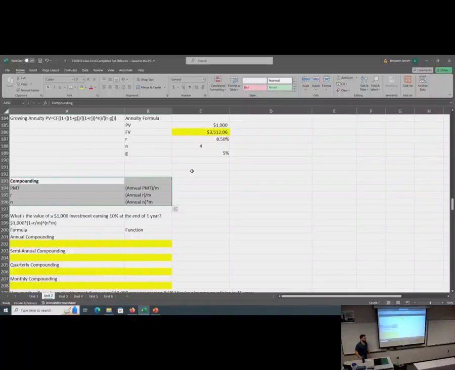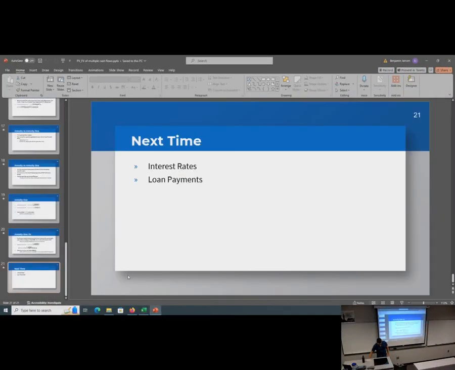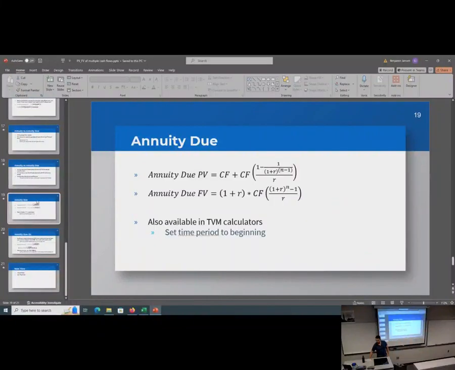Do we need the annuity and annuity due formulas? They're not in the PowerPoint. You gotta download it. It's not gonna show up. Yeah, that's what you gotta do.